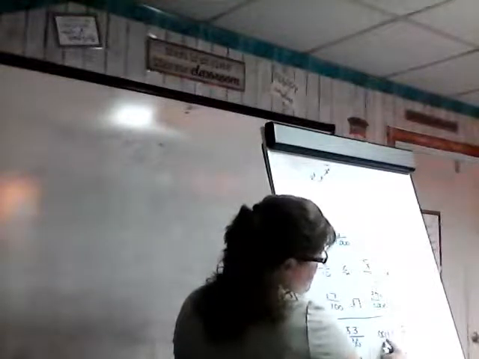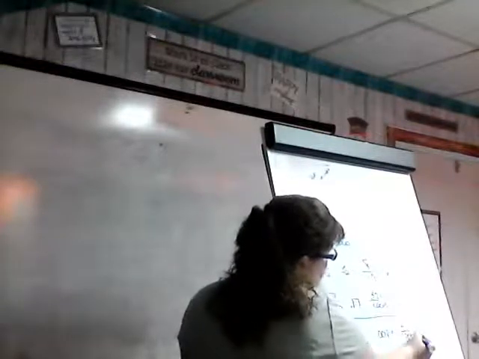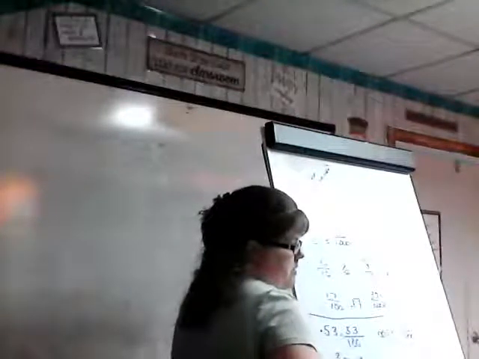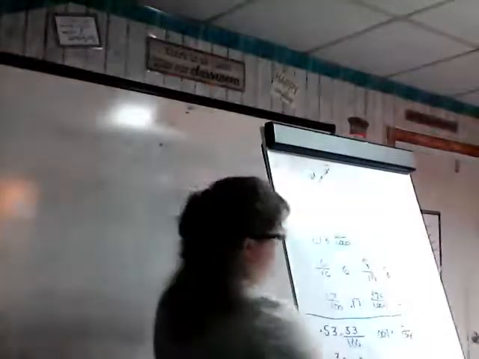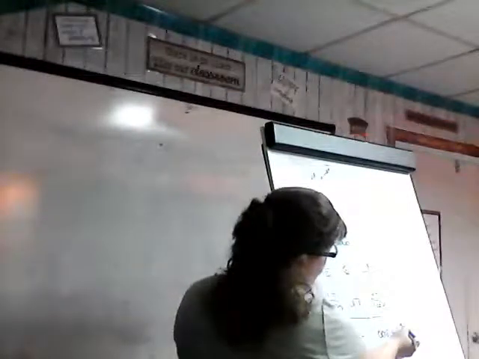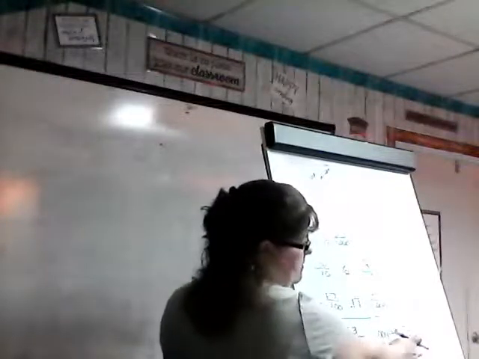So I have 1, 2, 3 numbers. Therefore, I need to put 3 zeros. Okay, Aiden? No, I don't include them in my numerator because I don't need to. But I do need to count them for my denominator.